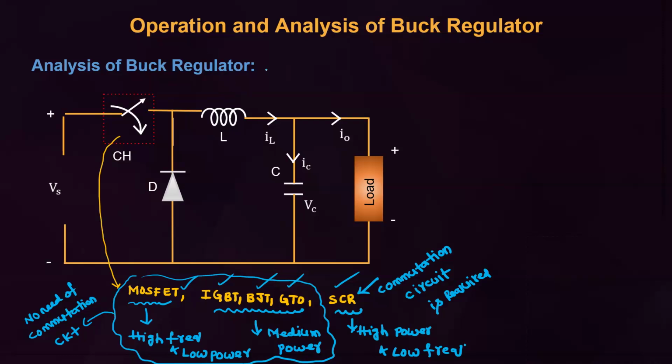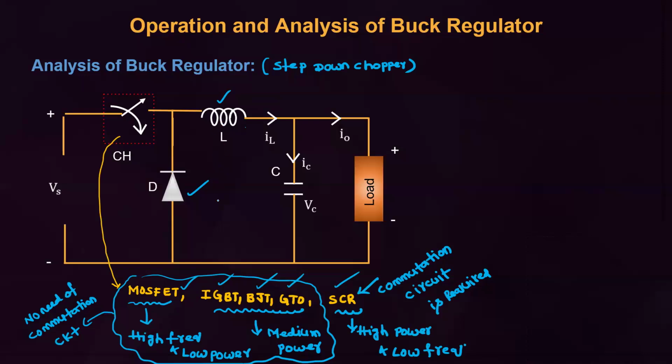For buck regulator or step down chopper, if the inductor is at the load side, or the load is shunted by a diode. Important. For this, only two points you have to remember, two references.